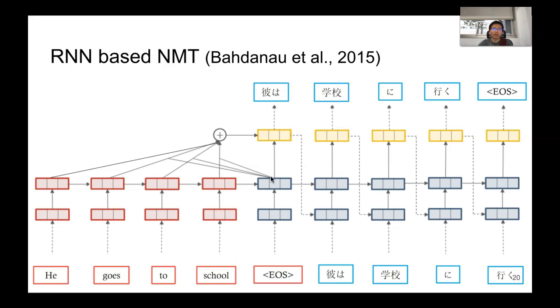And we have an attention mechanism. So during decoding, the attention mechanism looks at how much we have to pay attention to each hidden state of the encoder, and then does the decoding. And the decoder is, again, a recurrent neural network, such as LSTM.